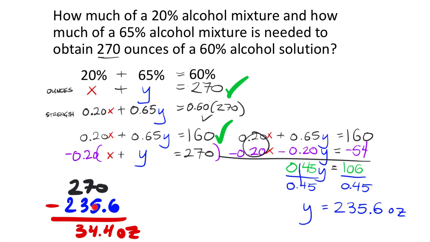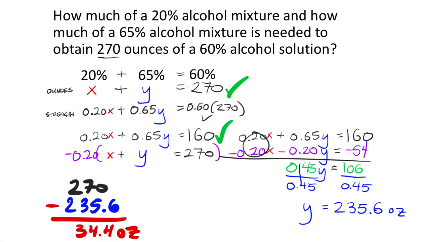So again, what am I doing? I'm doing 0.2 times 34.4 in my calculator, plus 0.65 times the y now, not this y, but this y that we know it is, 235.6, or that we think it is. And when I push enter, what am I expecting to see? I'm expecting to see 162.